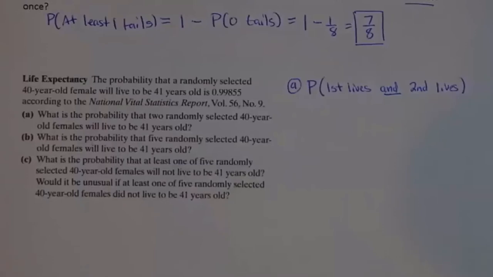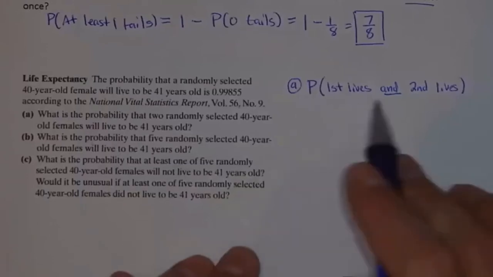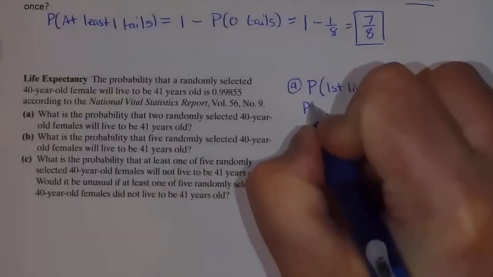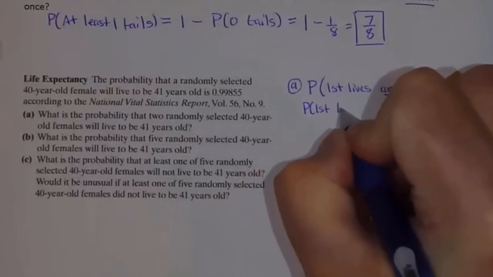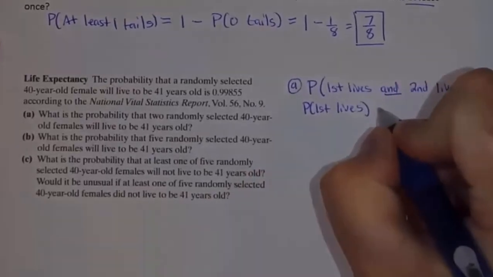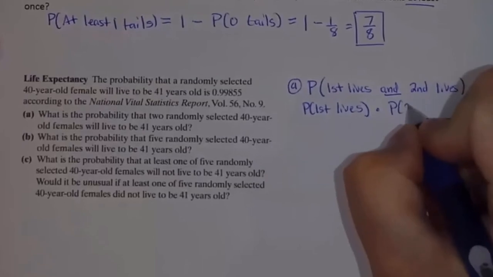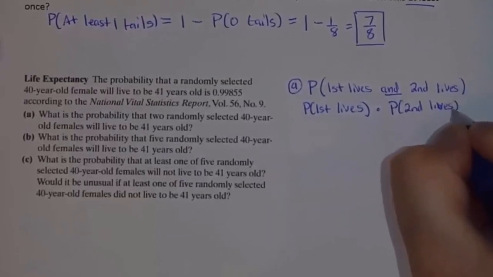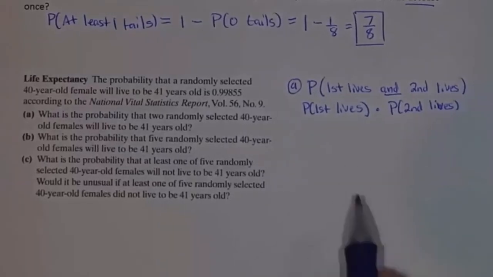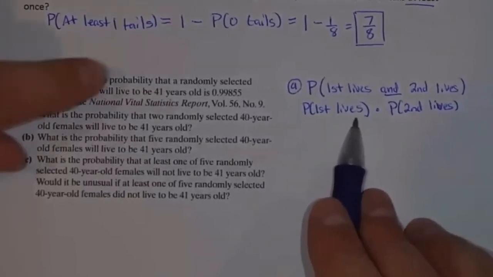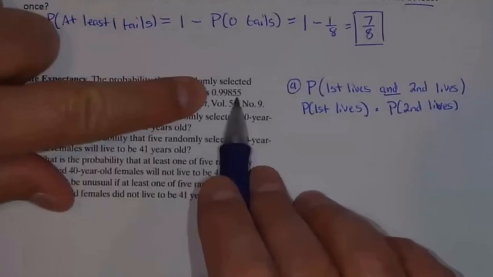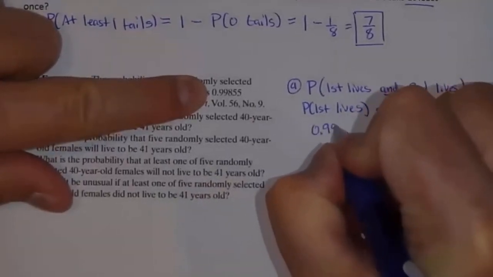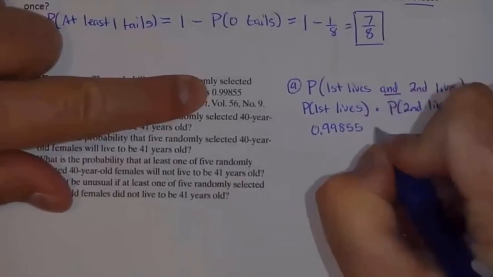If they're independent, then I can find this probability just by multiplying. So this is going to equal the probability that the first 40-year-old female lives to be 41 times the probability that the second 40-year-old female also lives to be 41. The probability that the first female lives to be 41 is 0.99855.